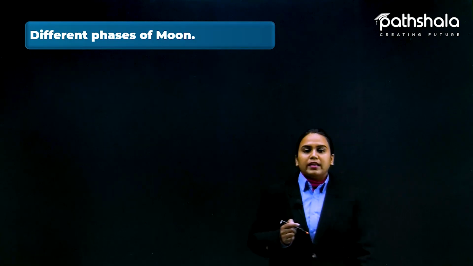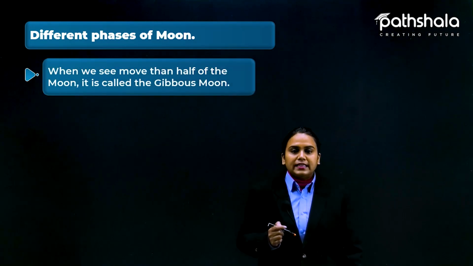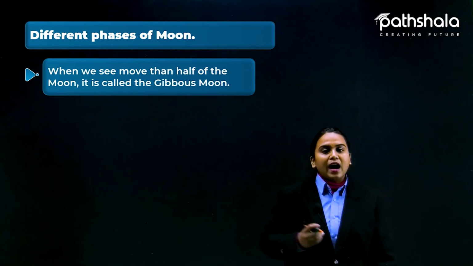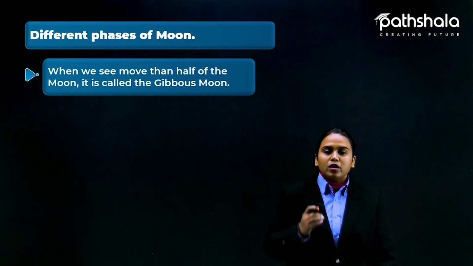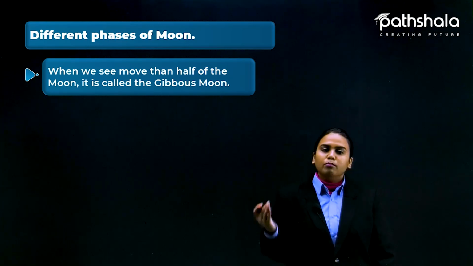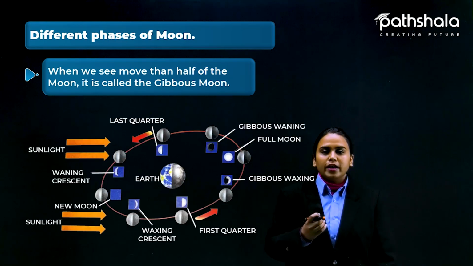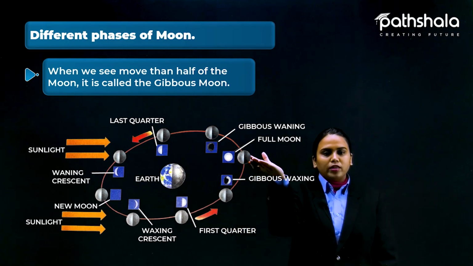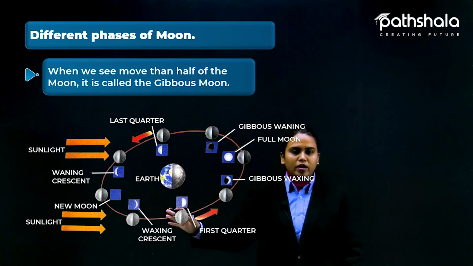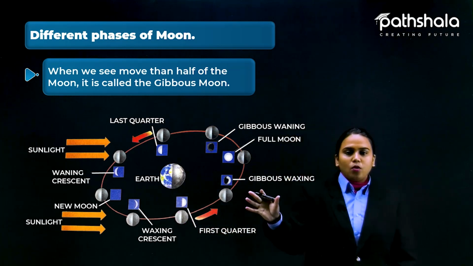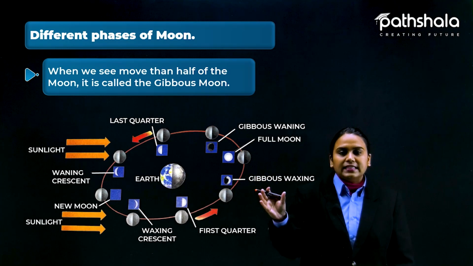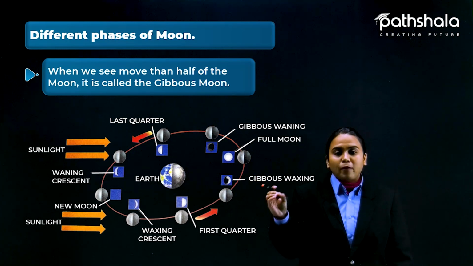Now the next thing we will see is the gibbous moon. When we see the moon more than half, as I have told you, less than half is crescent, more than half is gibbous. So now after the first quarter has been done, we see the waxing gibbous. Why?